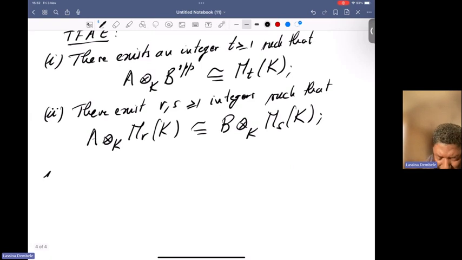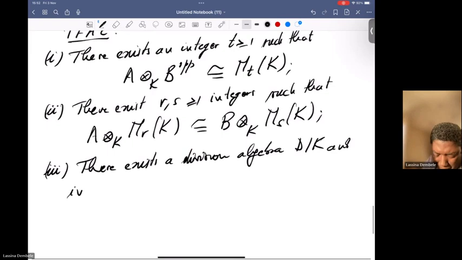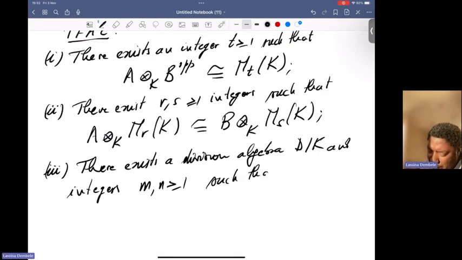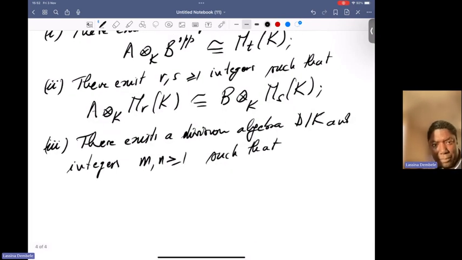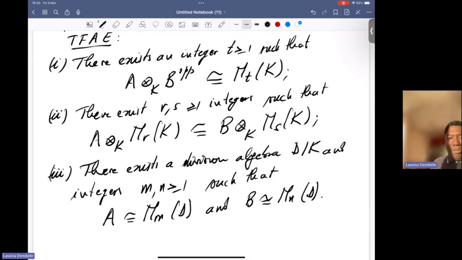And the third condition is the following. It says that there exists a division algebra D over K and some integers m, n, at least one, such that A is isomorphic to the m by m matrices with coefficients in D, and B is isomorphic to the n by n matrices with coefficients in D. So we have that these three conditions are equivalent.